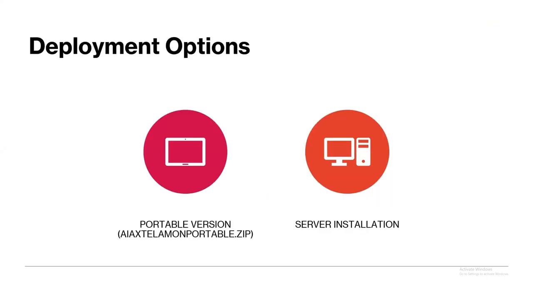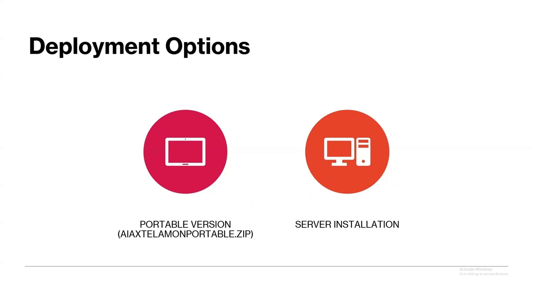There are two deployment options. One is a portable version that you probably downloaded. It is provided as a package on the website called AIAX Telamon Portable.zip and contains a web server, PHP 8, and SQL.